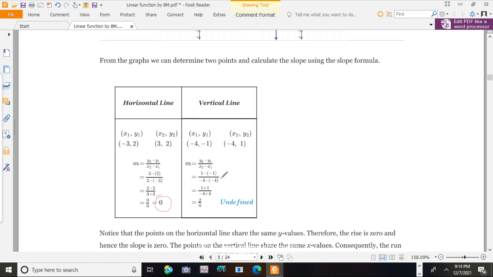But for a vertical line, x2 and x1 are the same, while the y value is variable. So the slope is undefined. So we can have positive slope, negative slope, zero slope, and undefined slope. There are 4 different types of slope.